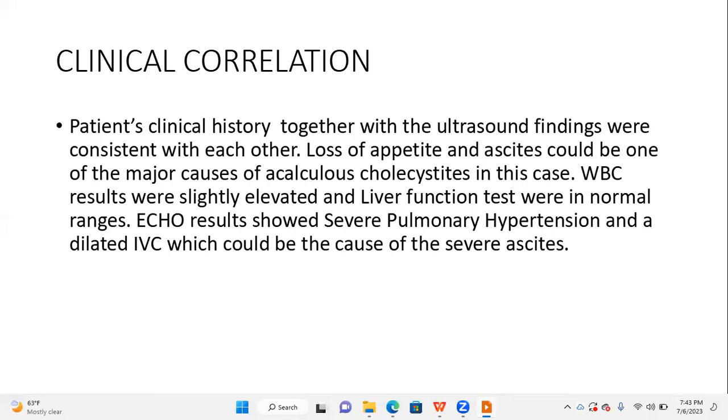The white blood cells were slightly elevated, and the liver function tests were in normal ranges. Echo results showed severe pulmonary hypertension and a dilated IVC, which could be the cause of the severe ascites. So the examinations that were done on this patient were consistent with each other.